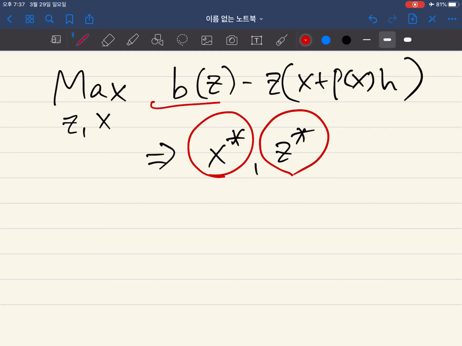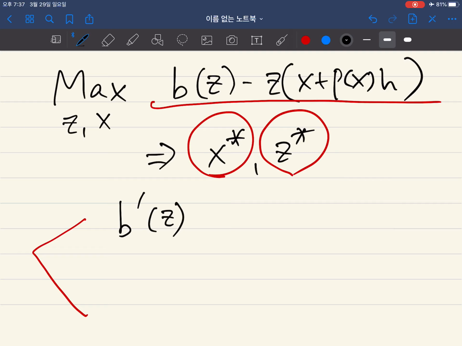So look at this problem. How do we solve it? Take the derivative with respect to Z, then we get this, and set it equal to 0, and take the derivative with respect to X and set it equal to 0.